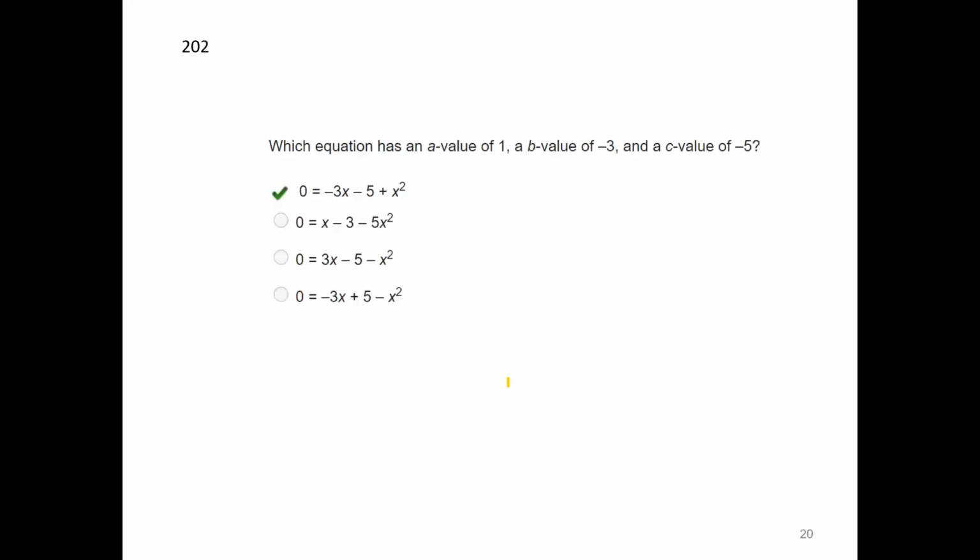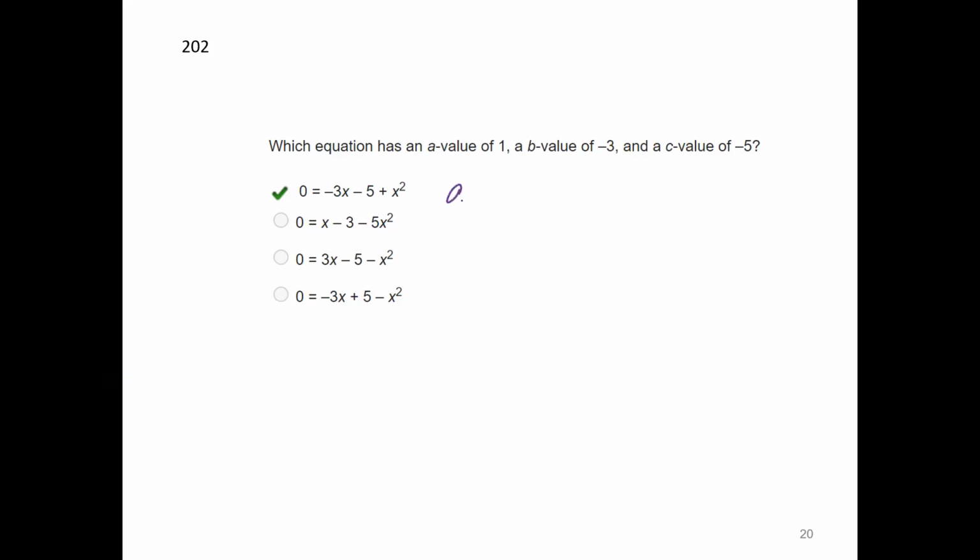All right, let's go on to 202. Which equation has a value of A of 1, B of -3, and C of -5?